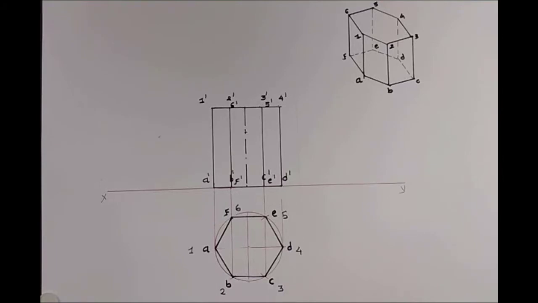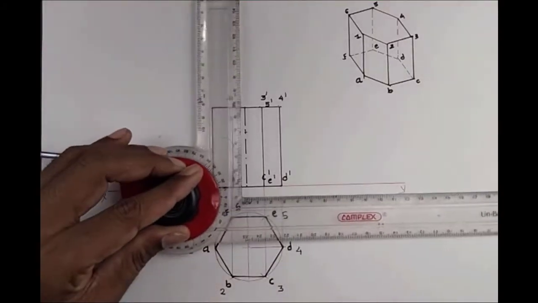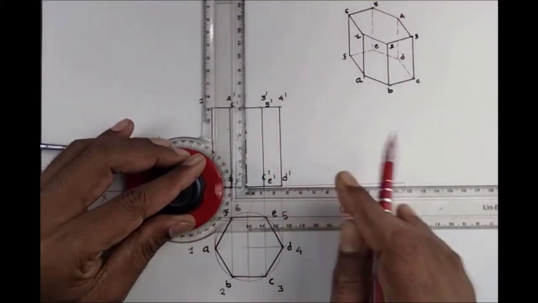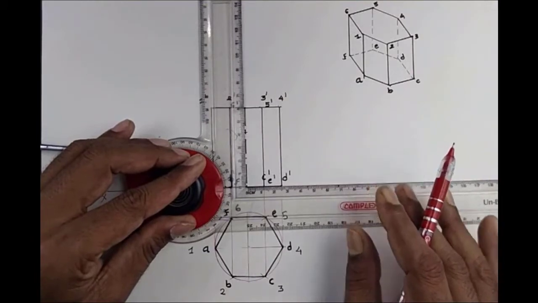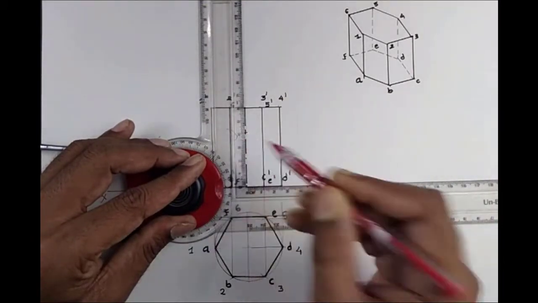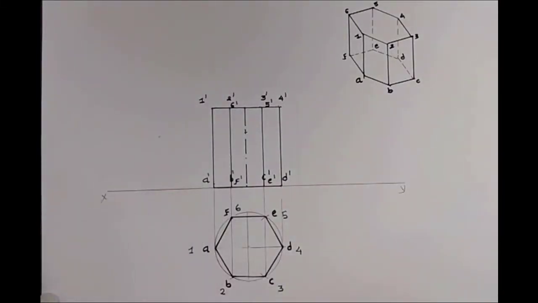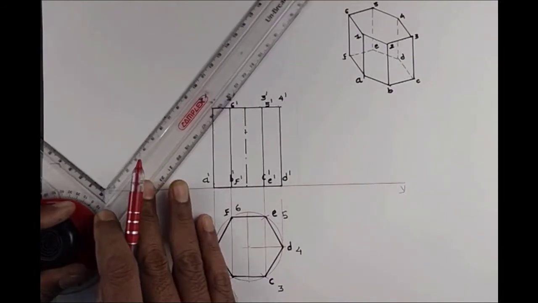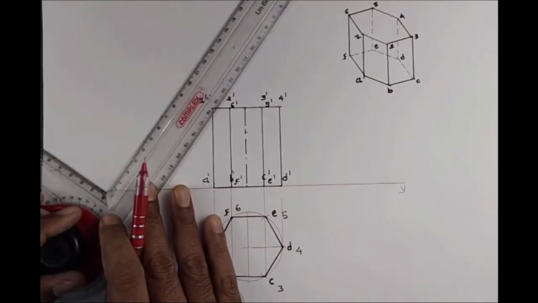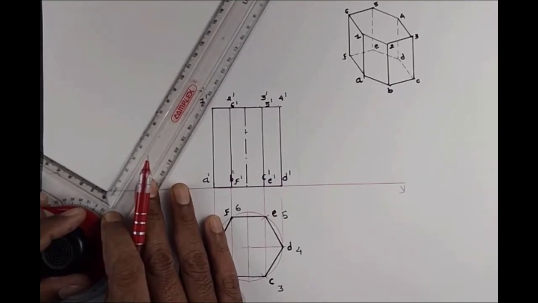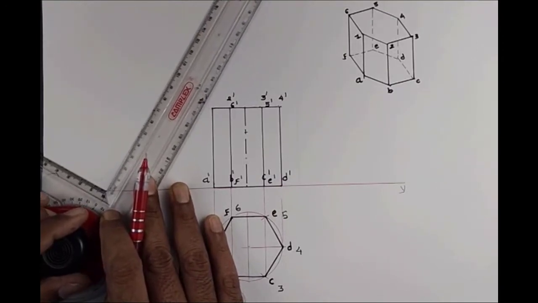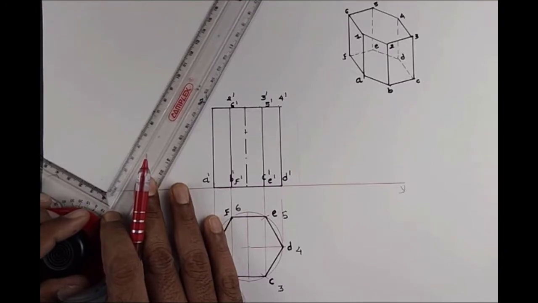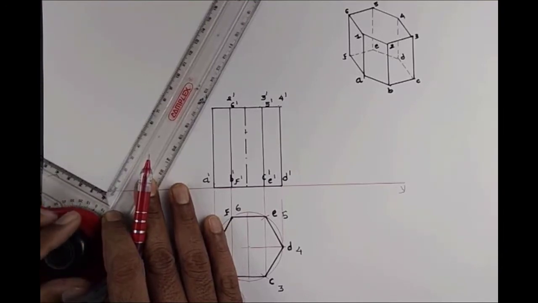So for that, we first mark the 40 mm point on our axis from the lower base, and from this point we take the 60 degree inclination line with the help of the drafter.